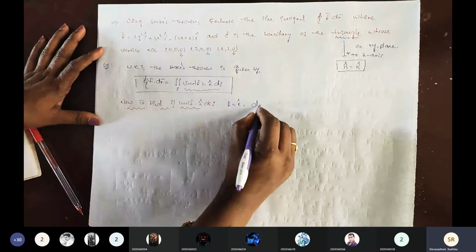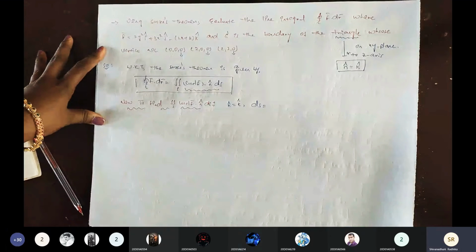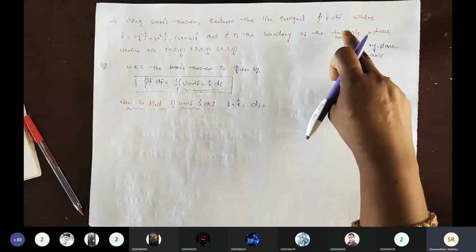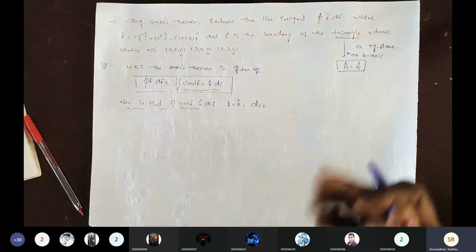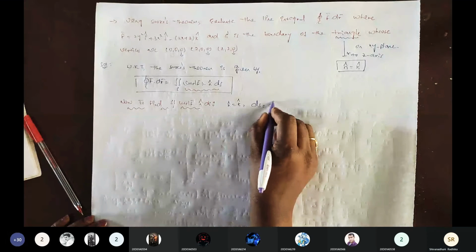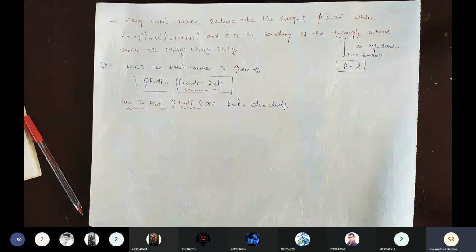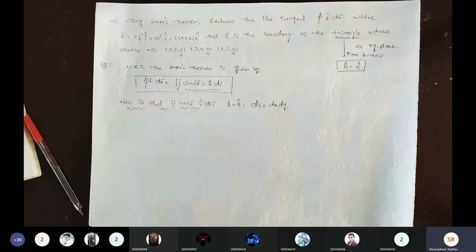Obviously n cap is k cap. Then what about ds? Any idea? The triangle is on the xy plane, so ds is dx dy. Just curl F bar is left to find here.